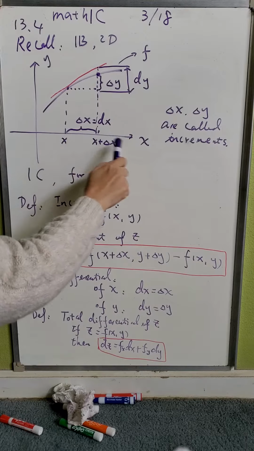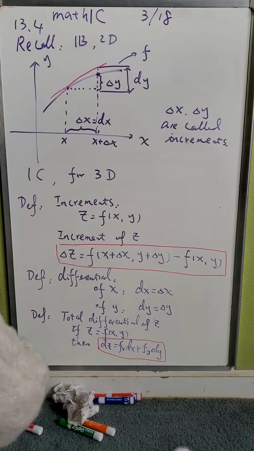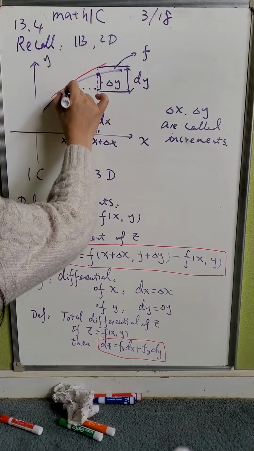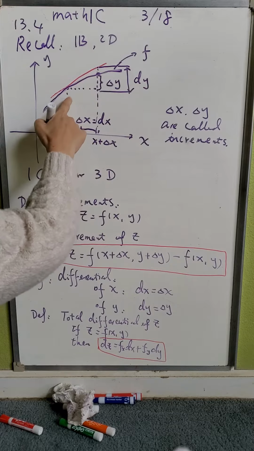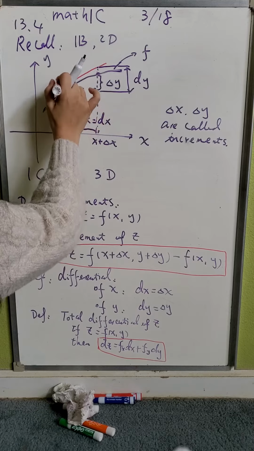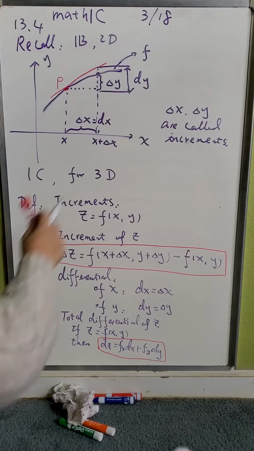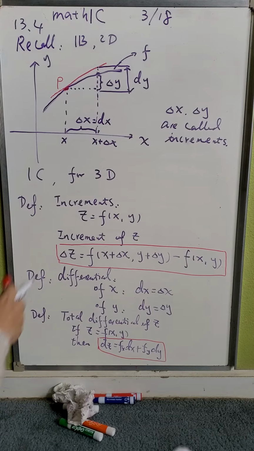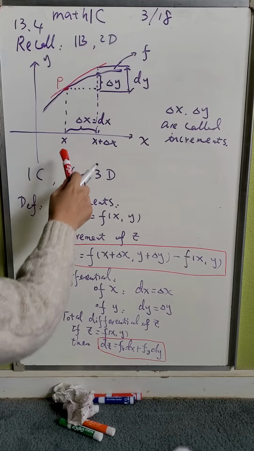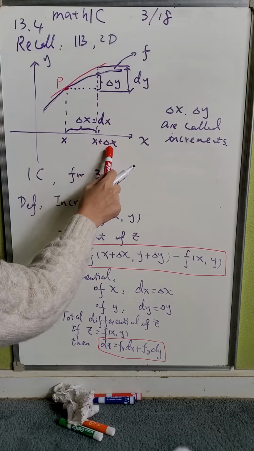If we have a graph of a function, this is the graph right here. Let's say there's a point P, and through P you can draw a tangent line to the graph at the point P. Now if this point is x, and I go a little bit more, delta x, then this is x plus delta x.